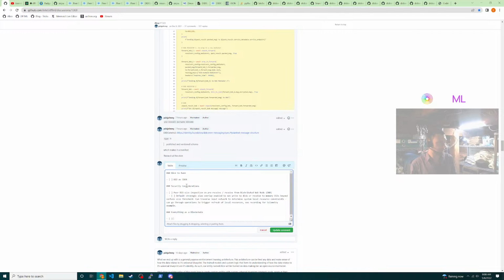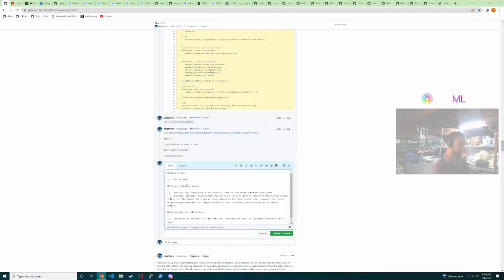Okay, for context. Anything: operations to put data in, get data out, data flows as class to implement interfaces which call operations.